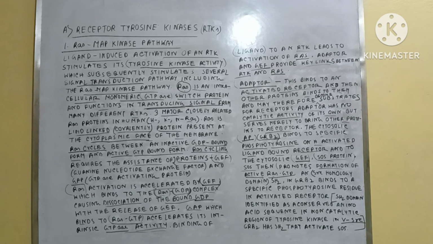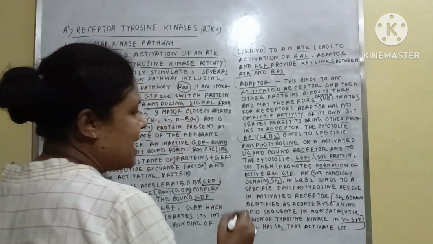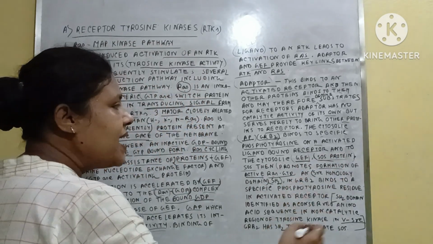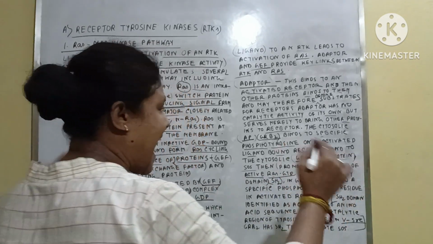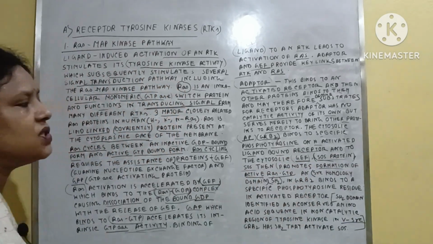GRB2 has SH2 that activates SOS. The role of SH2 is that it activates the SOS protein, and when SOS protein becomes active, then it promotes the formation of RAS-GTP.